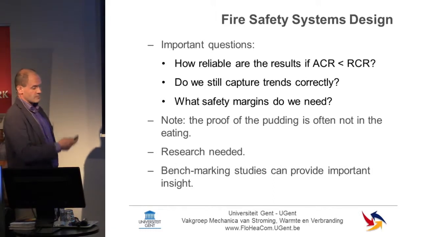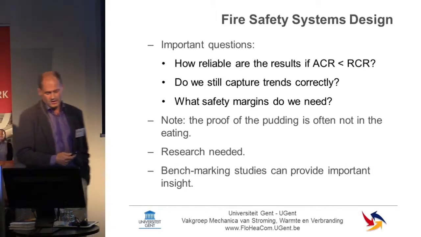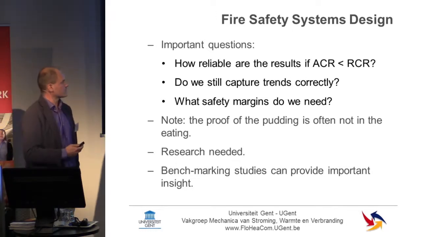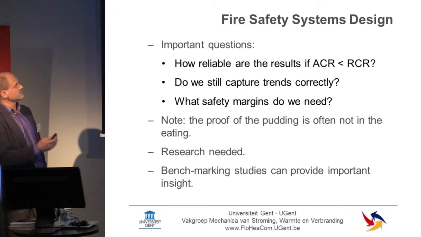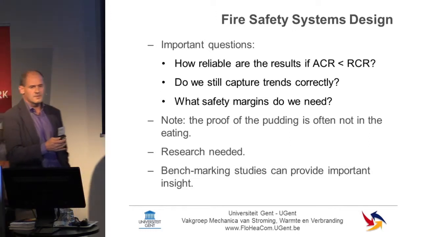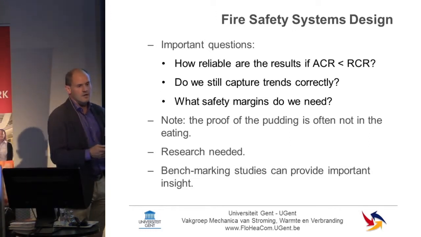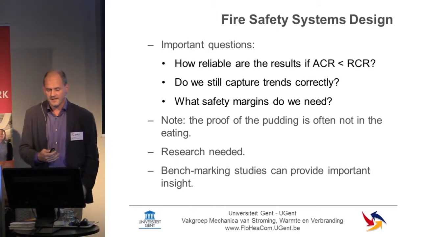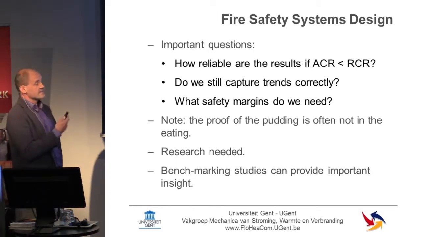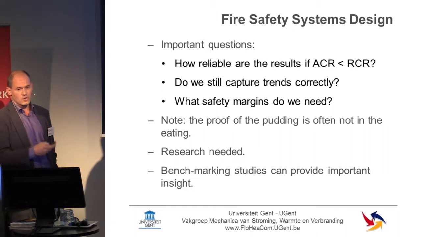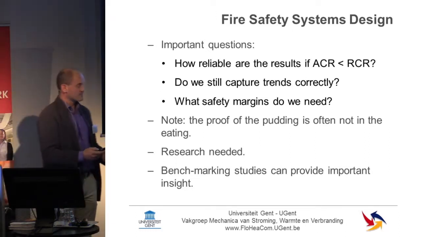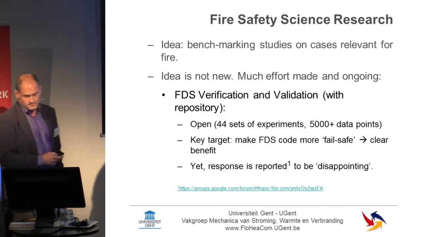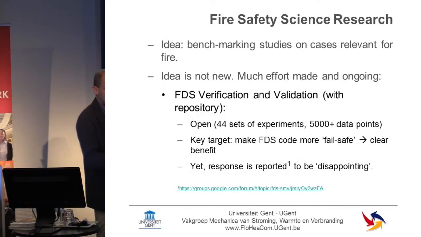It means that we have to be extra cautious when we interpret computer computation, which means that we need research in this respect. This is also why we would like to start with an initiative, and I'll be discussing this later on, namely, we will be trying to define a number of benchmarks to hopefully get a better understanding of this problem that we have between ACR and RCR.